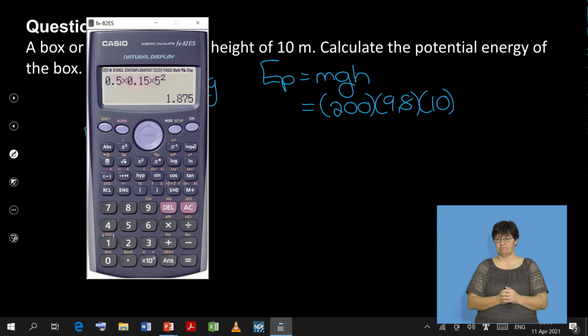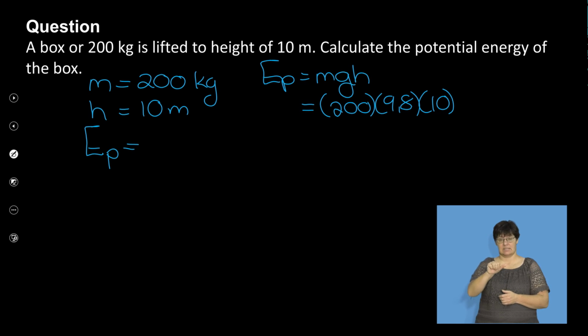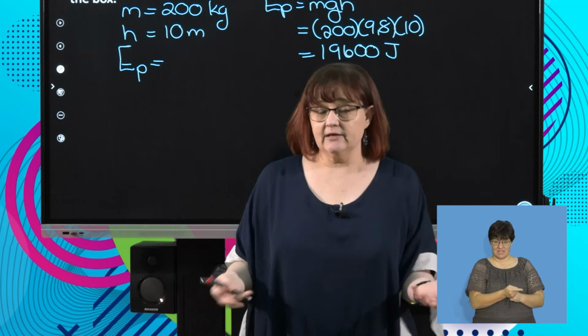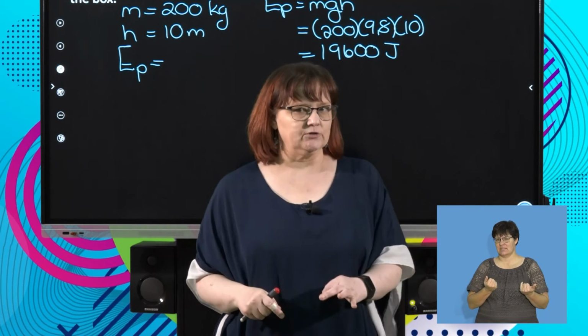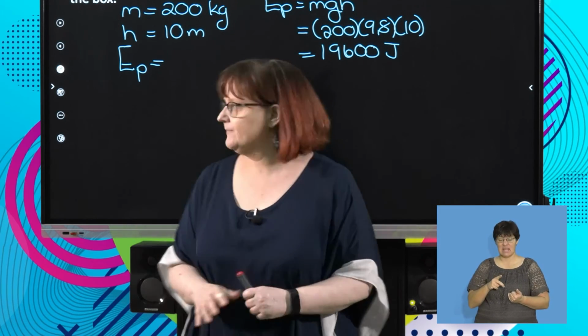So we take 200 times 9.8 times 10, 19,600. I'm happy with that value because it's a big mass. Okay, 200 kilograms is heavy. So I expected a big potential energy here, okay?